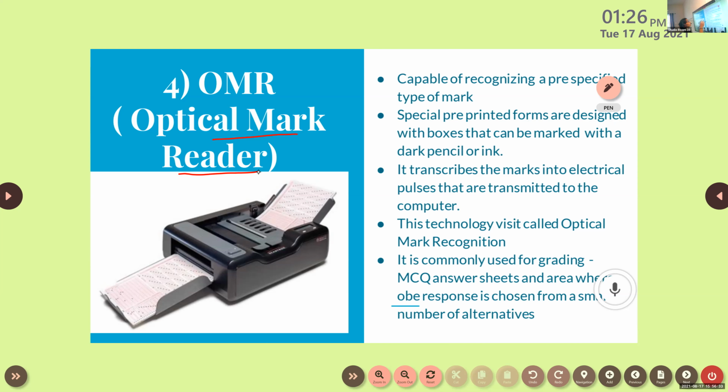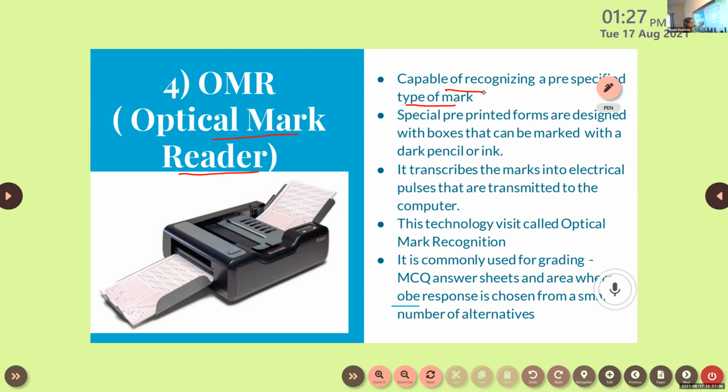It recognizes a pre-specified type of mark made with a dark pencil or ink. Your teachers used to tell you, when you mark, you have to bubble it properly. Why?